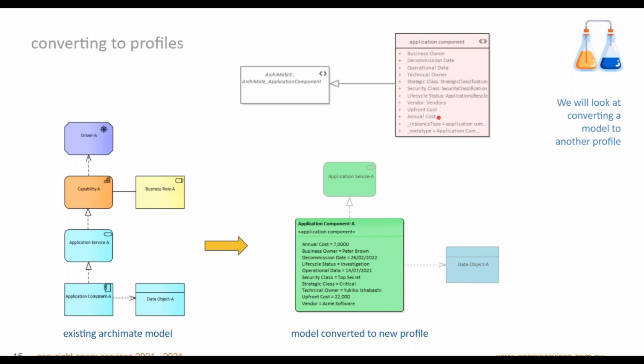What's the annual cost? What's the vendor? What's the lifecycle status, security, strategic class, the technical owner, the operational date, the decommission date, the business owner? All of this can be visualized through EA as well, but can reach a greater audience with Prolaborate.